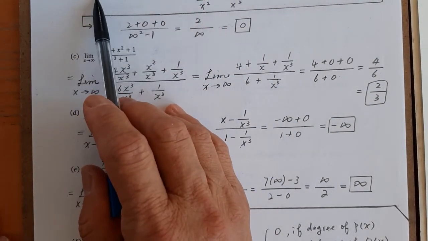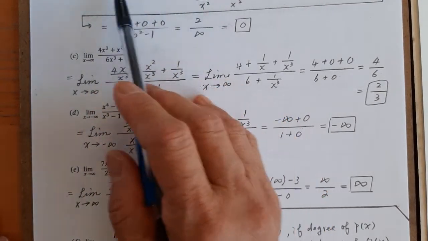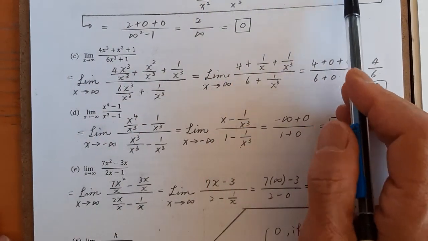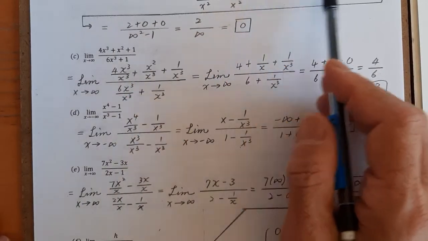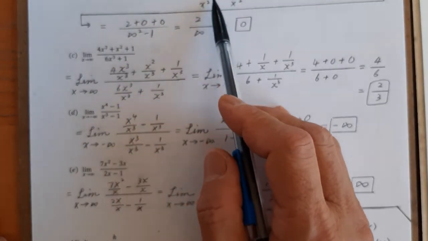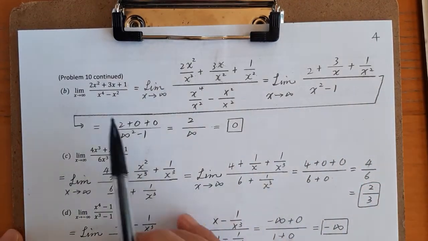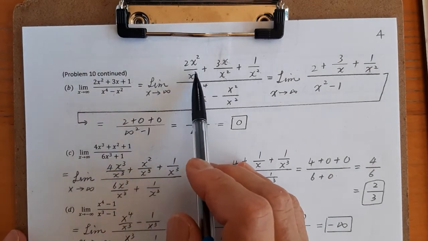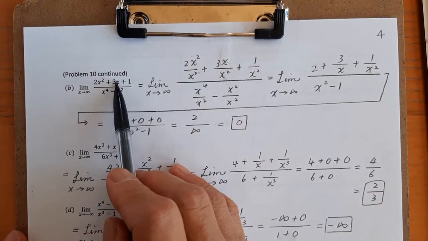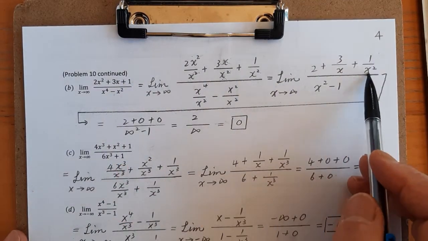First of all, you divide each term by x squared. 2x squared divided by x squared, cancel x squared, get 2. 3x divided by x squared, cancel x, get 3 over x, plus 1 over x squared.